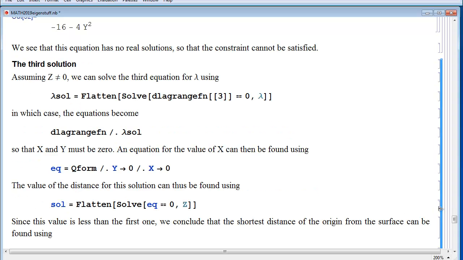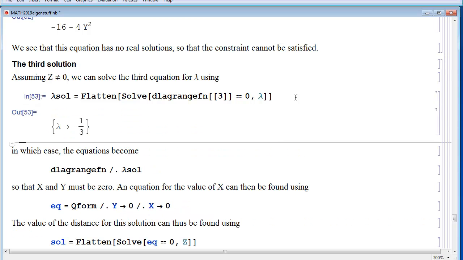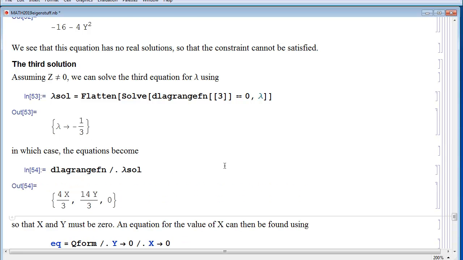And then finally we go to the third one. So we assume z is not equal to 0, and we look at the third component of the derivative of the Lagrange function, and we set that equal to 0 and solve for lambda. That gives lambda equals -1/3, and then the equations become, and we can see that in this event the solutions are that x equals 0 and y equals 0.